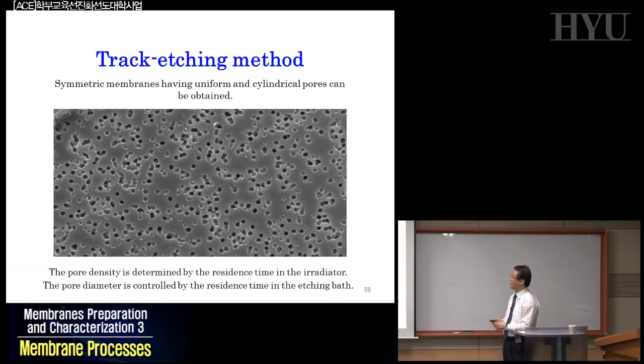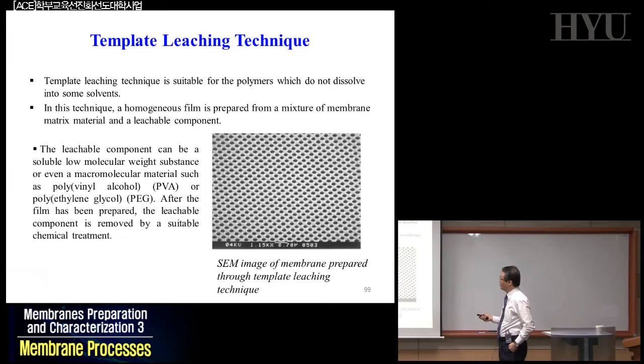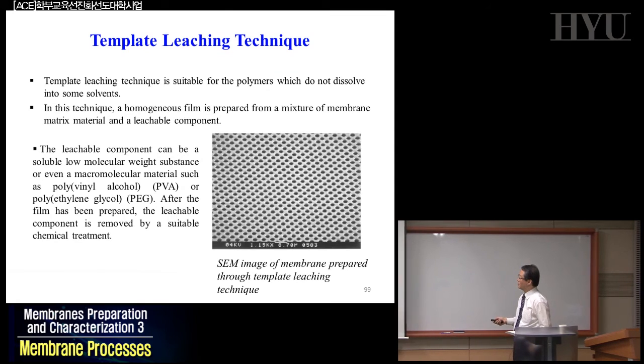Anyway, this has long been used as a membrane for high purification of biomolecules, particularly in the medical area. They need a very specific distribution of pores to separate the biomolecules, and track etch membrane has been widely used.